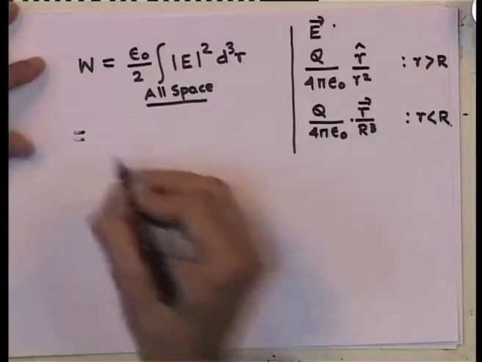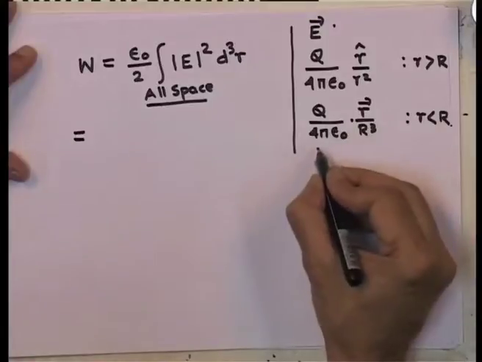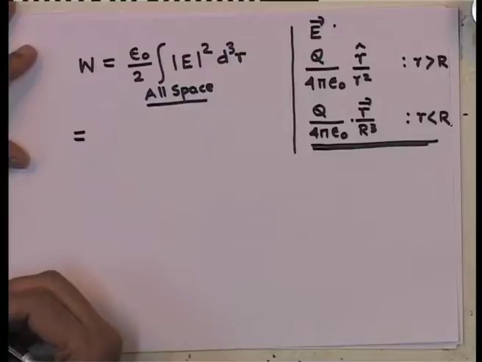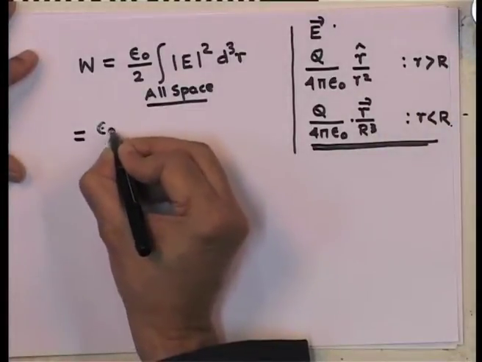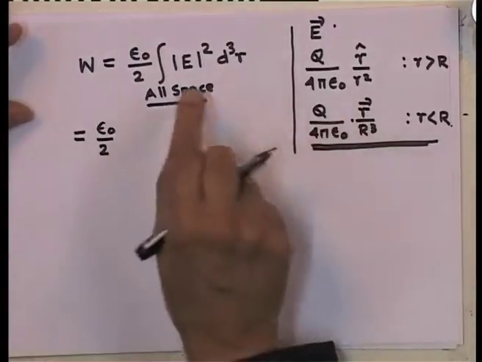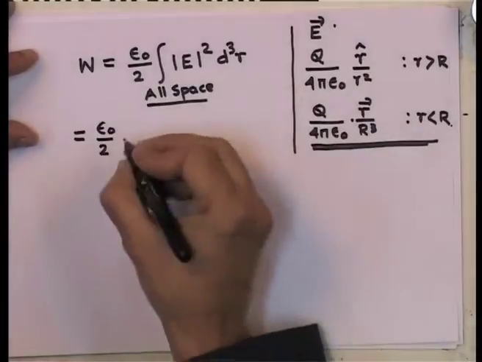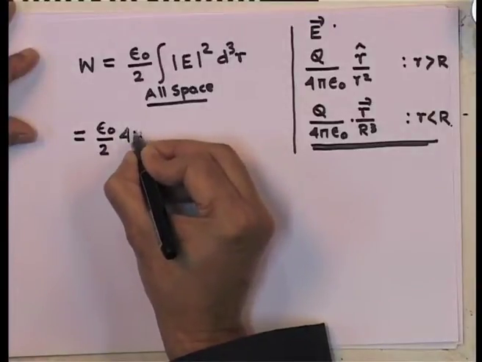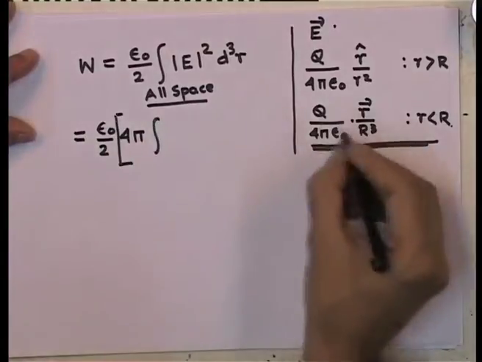So, I need to take both these contributions. Within the sphere, I have this expression, outside the sphere I have that expression, and so I get epsilon 0 by 2. Once again, all these expressions do not have any angle dependence, so my volume integral always gives me a factor of 4 pi. Integral E square.